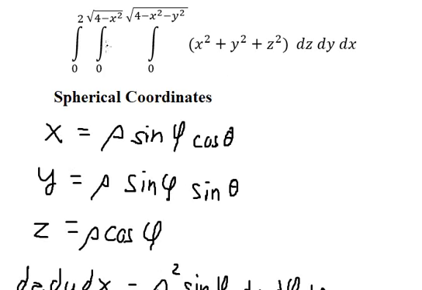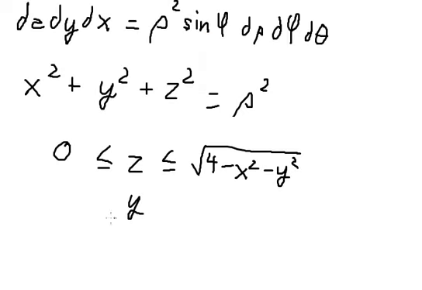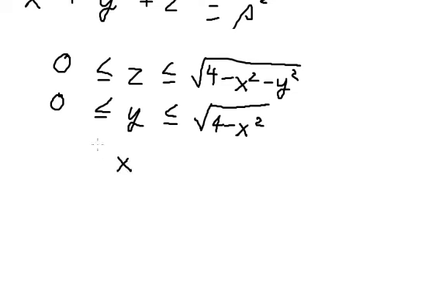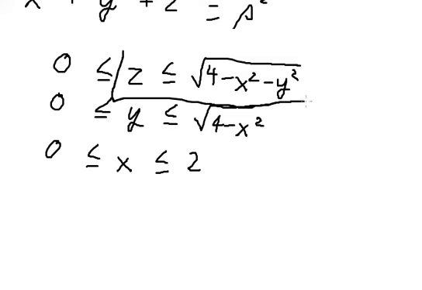For dy, y is greater than or equal to 0 and smaller than or equal to the square root of 4 minus x square. And the last one, dx, x is greater than or equal to 0 and smaller than or equal to 2. Now we just concentrate on this one first.